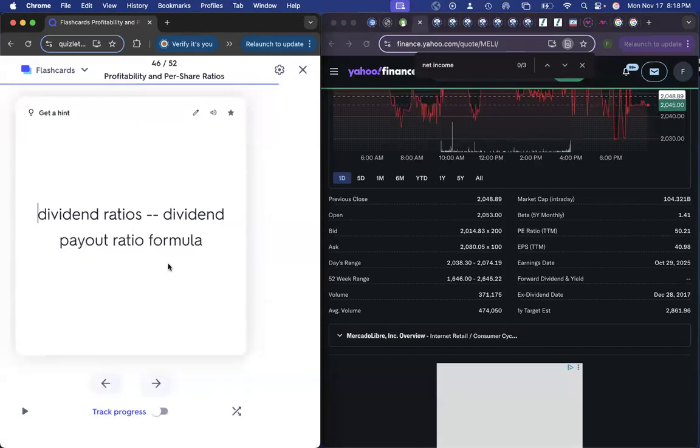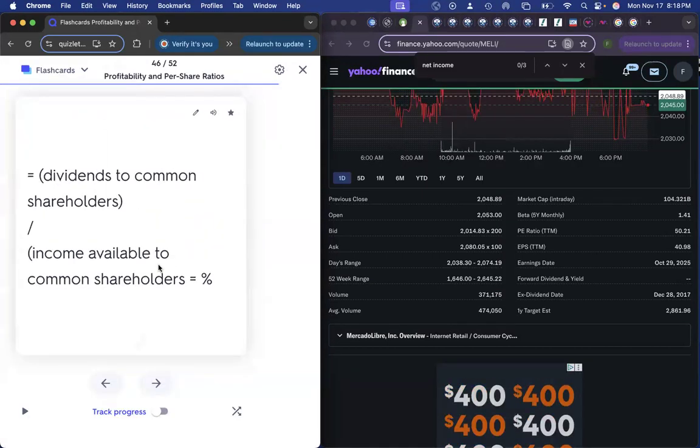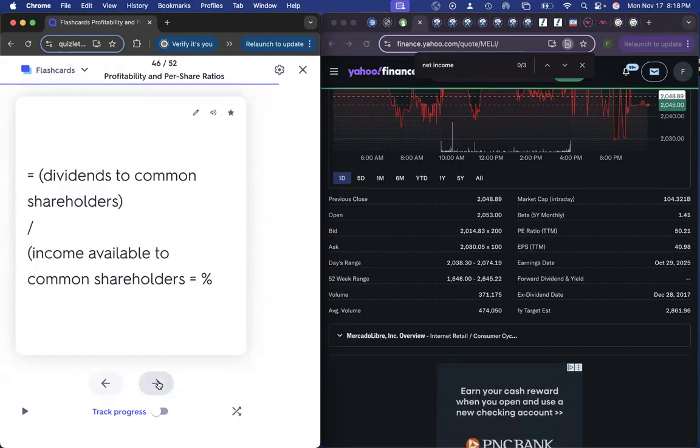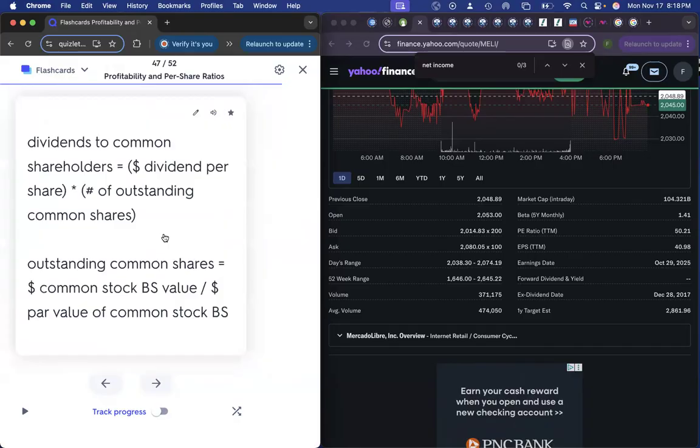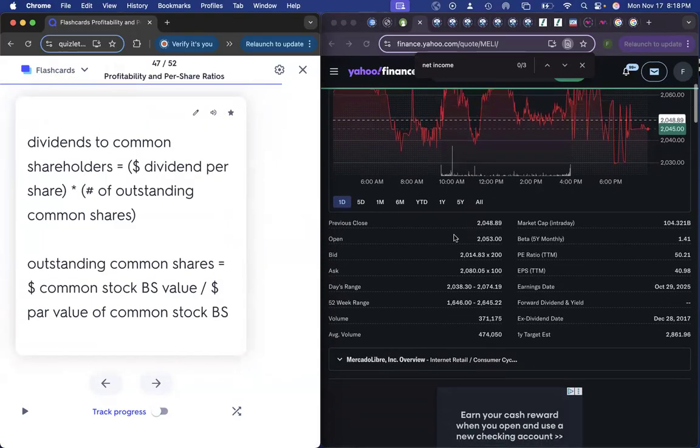The formula for the dividend payout ratio is dividends to common shareholders divided by income available to common shareholders, and you're going to get a percentage at the end. The numerator you find by dividends per share times the number of outstanding common shares.